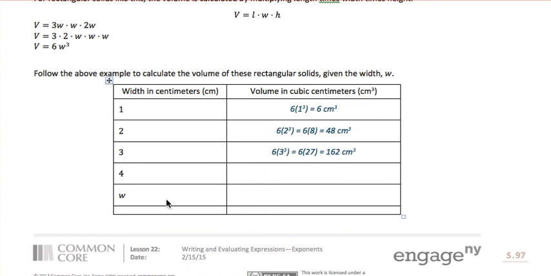If our width is 4, it'll be 6 times 4 cubed, which is 64. 6 times 64 is 384 cubic centimeters.